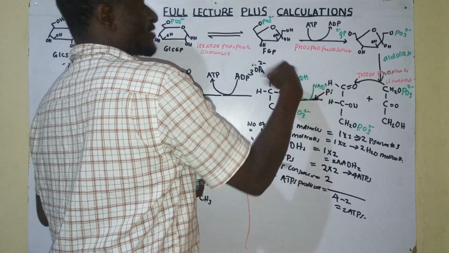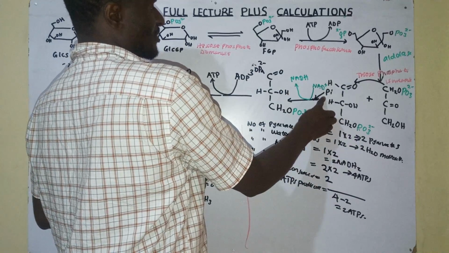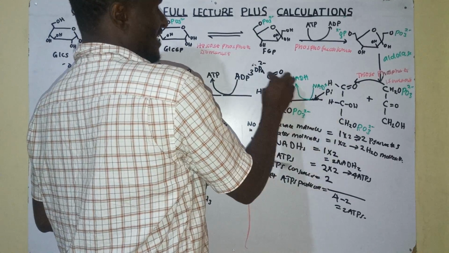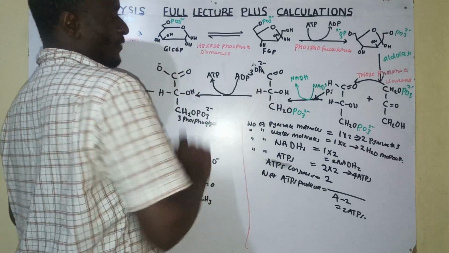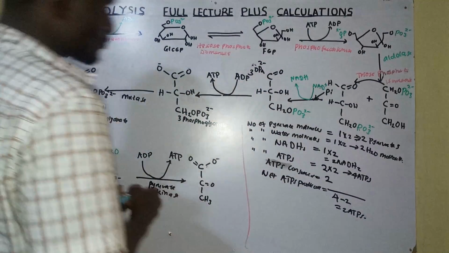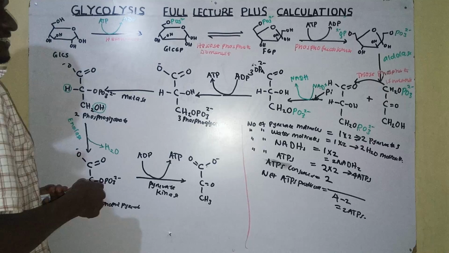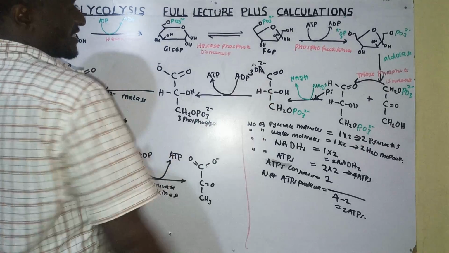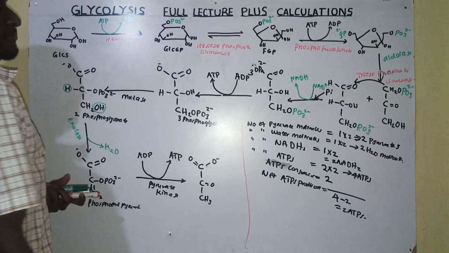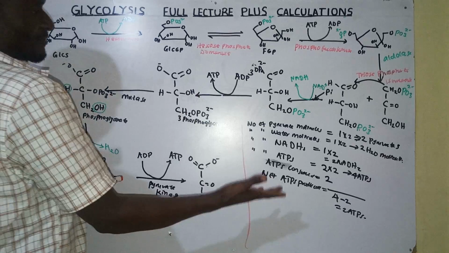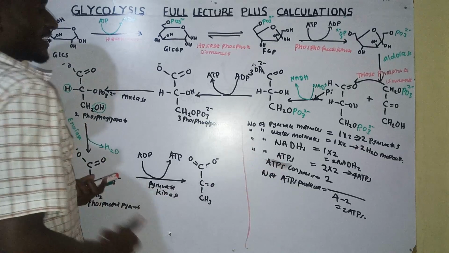So when an inorganic phosphate reacts with glyceraldehyde 3-phosphate that is hydrogen atomless, we form 1,3-bisphosphoglycerate. That is the molecule. So step number 7 becomes our first step of formation of ATP, energy in form of ATP.